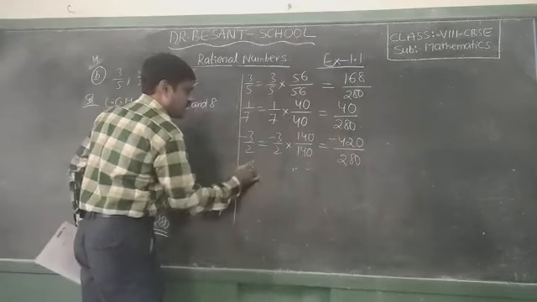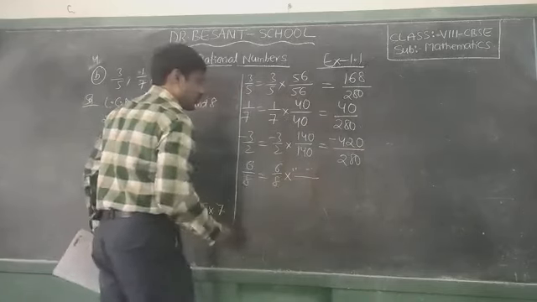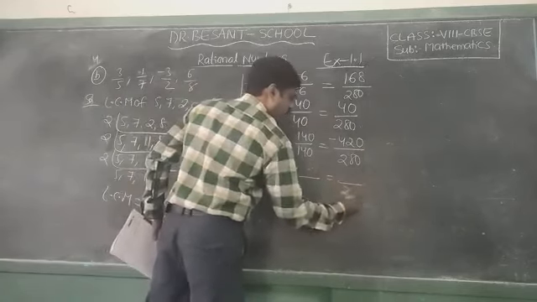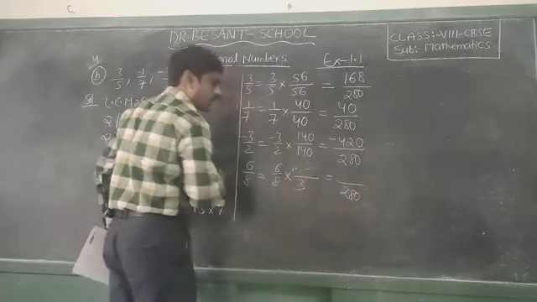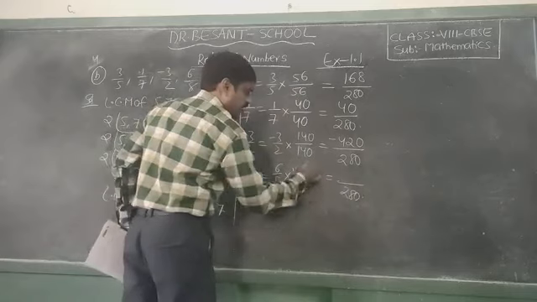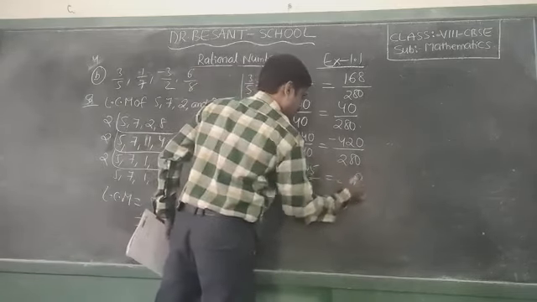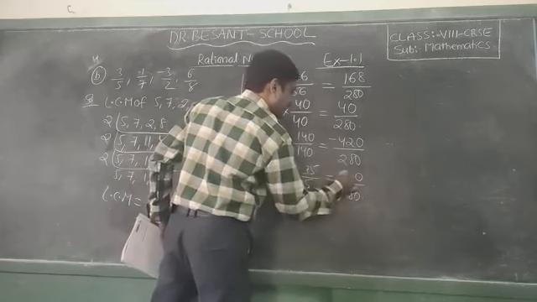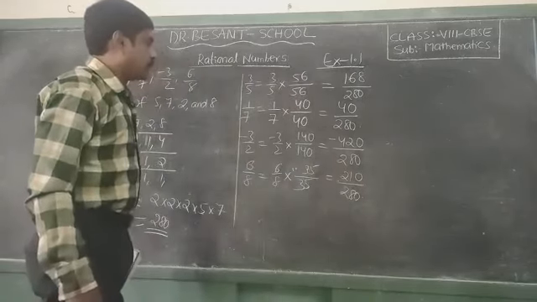Next, 6 by 8, 6 by 8 into 35, we should get 280 denominator. 8 35s are 280, 6 35s are 210, so 210 by 280.